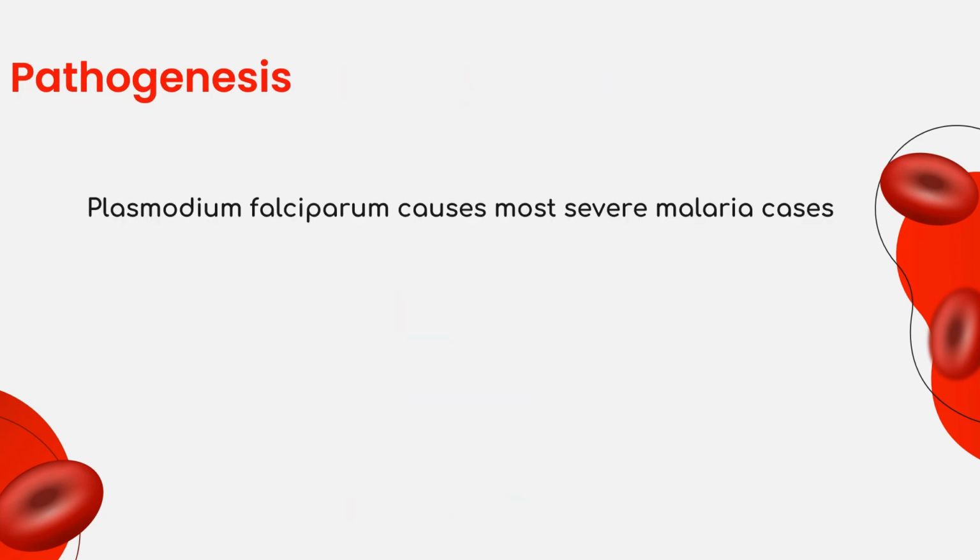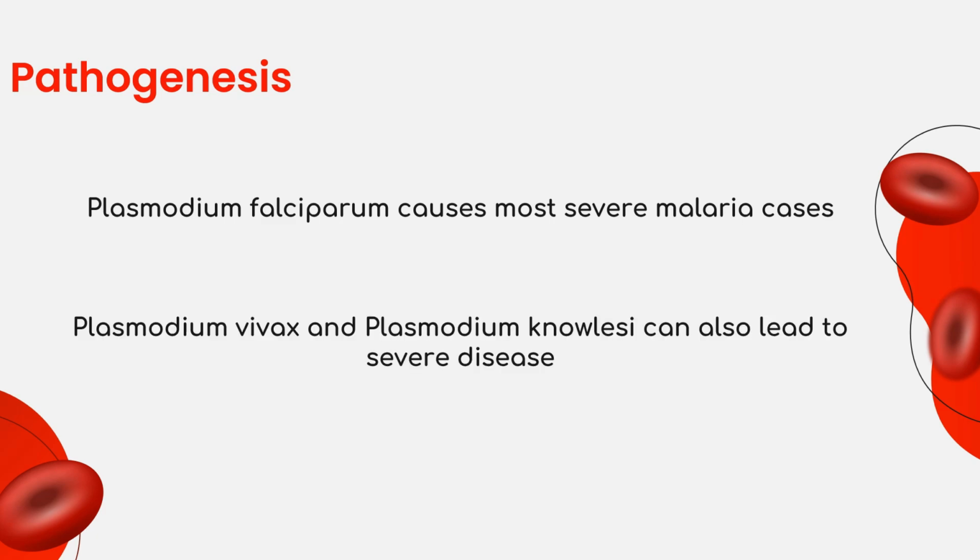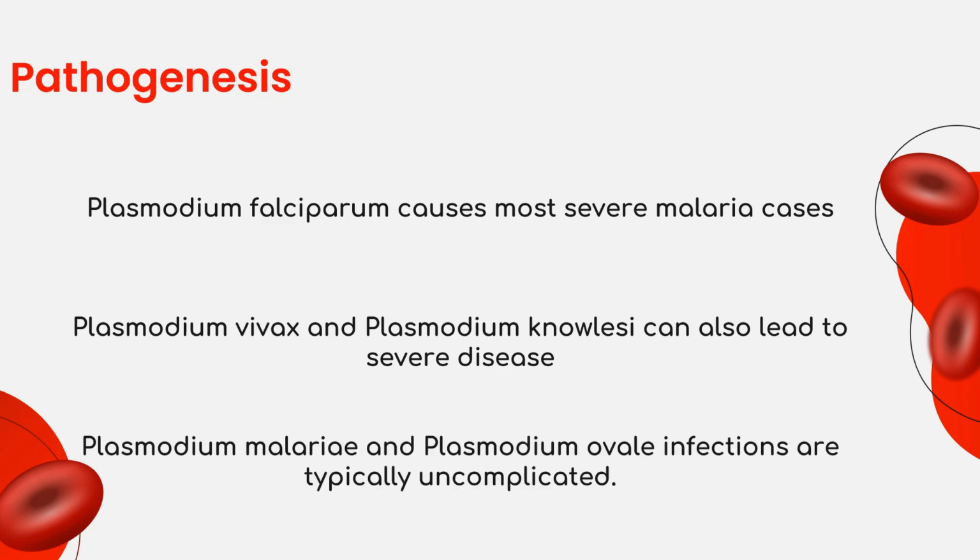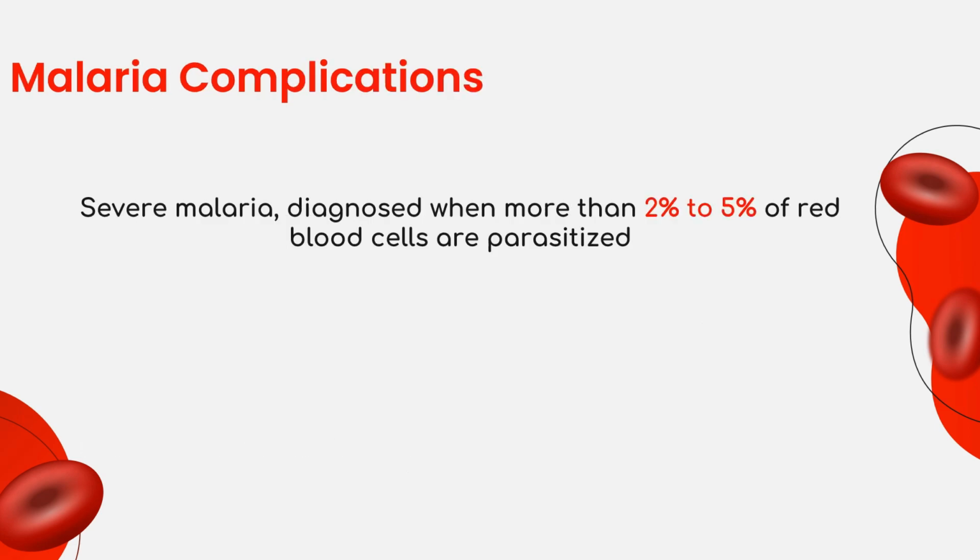It's important to note that severe malaria is predominantly caused by Plasmodium falciparum, but other species such as Plasmodium vivax and Plasmodium knowlesi can also lead to severe disease. In contrast, infections with Plasmodium malariae or Plasmodium ovale typically result in uncomplicated and benign malaria. Severe malaria is usually diagnosed when more than 2% to 5% of red blood cells are parasitized.